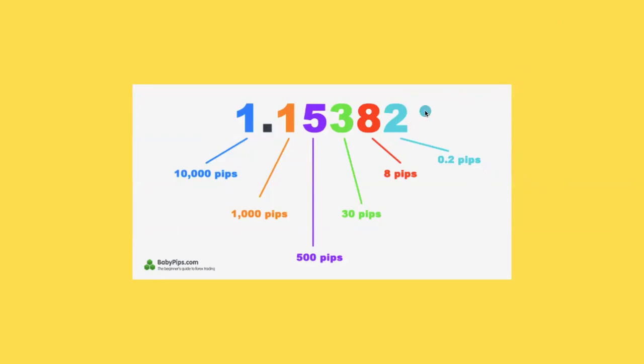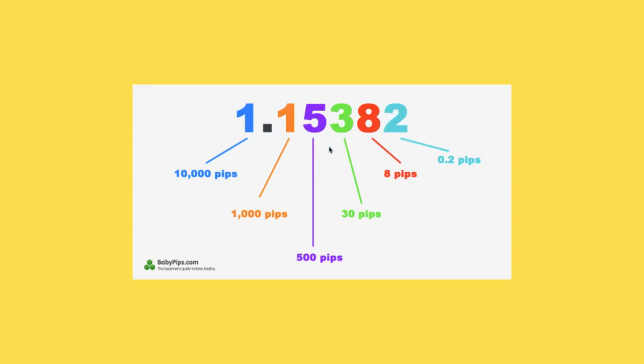Every other quote is going to be different. It's going to be about 4 or 5 digits. So 5 digits versus just 3 digits with the JPY pairs. So we are on the 5-digit ones. This is what it would look like. And remember, when I say 5, I mean 5 digits after the decimal point, because you can have a bunch of digits before it. But when we say 5, we're talking about after the decimal point.